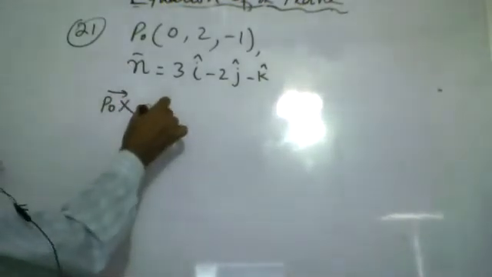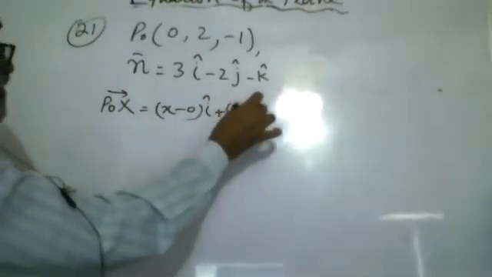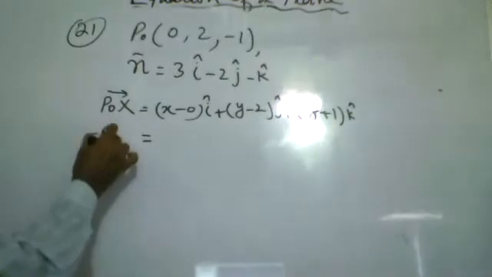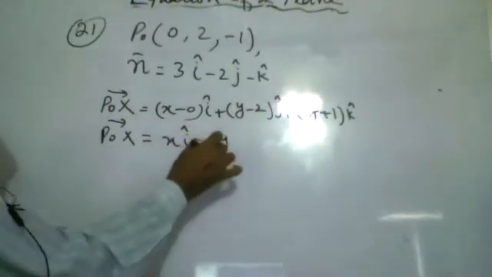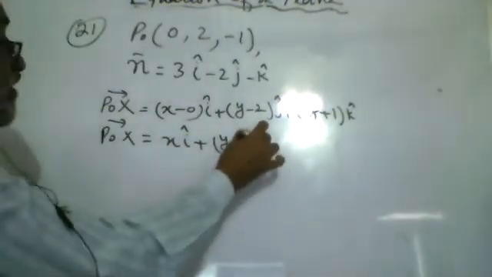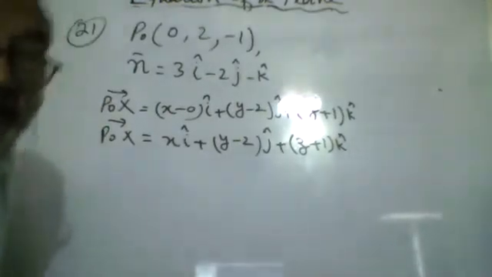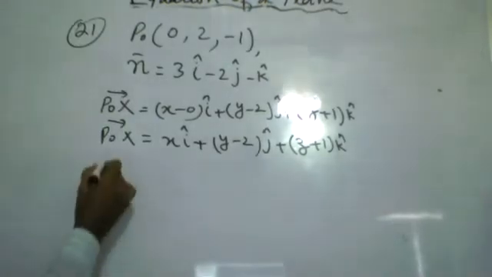It will become x minus 0 i plus y minus 2 j plus z plus 1 k. So P naught X is equal to xi plus y minus 2 j plus z plus 1 k. And this is the vector n. We will take the dot product P naught X dot n, or n dot P naught X, anything.